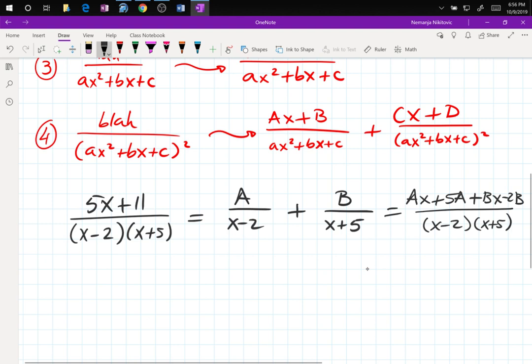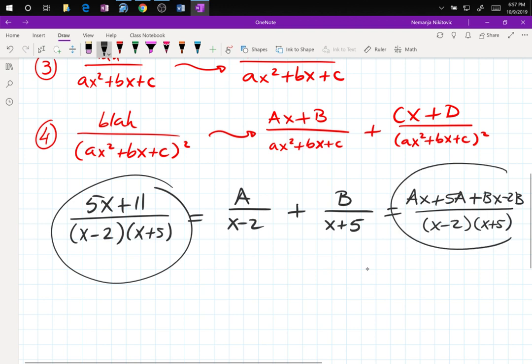Are we all agreeing on that? Cross multiply to come up with a common denominator. And now you compare the problem with what you have. Denominators are the same, so that's not interesting.